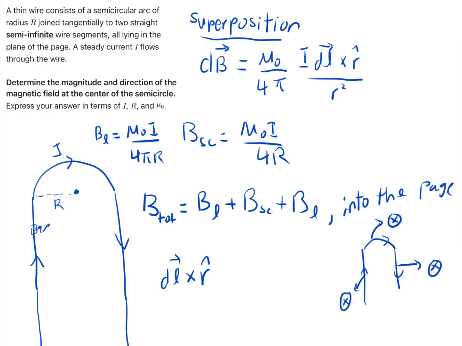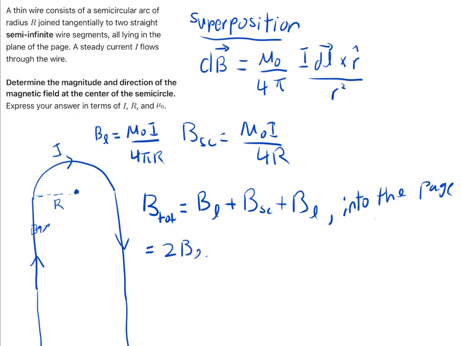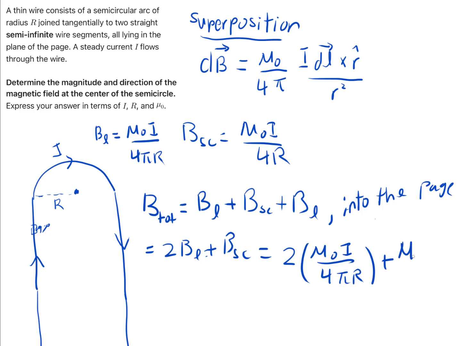So now let's figure out what the magnitude is. All we need to do now is just plug in our values from earlier. First simplify this to 2BL plus BSC, which is semicircle. So now we just plug in the magnitudes we derived earlier. So this is from the semi-infinite line, and this is from the semicircle.